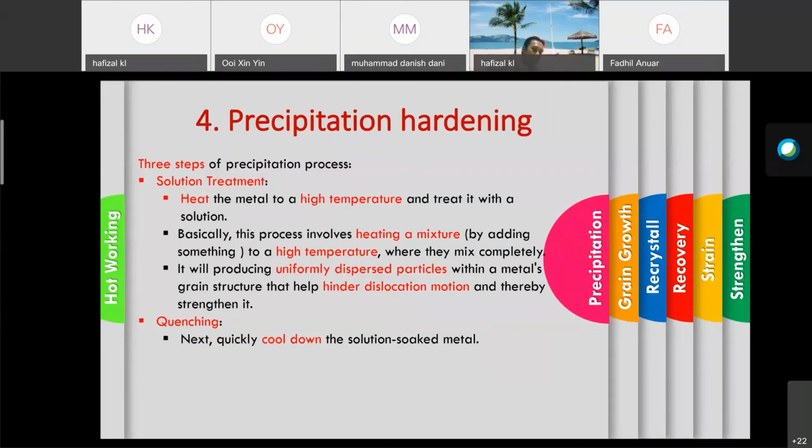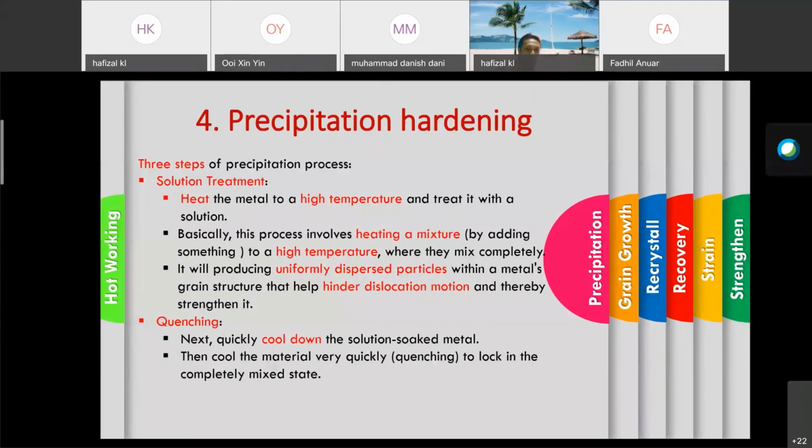Quenching involves different techniques. Some dip in the water very fast. Like we have seen when making a keris or a sword, they heat it at a certain temperature and make it bend, and then finally they dip it in the water. This is the process to make it stronger. In quenching, they dip in water or some solution like oil to cool it down very quickly.